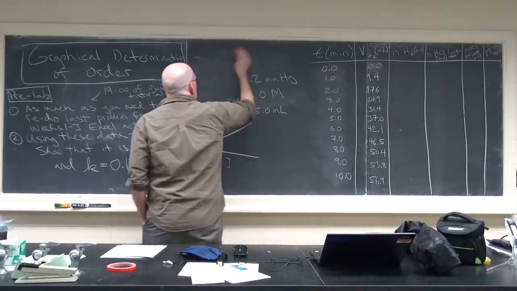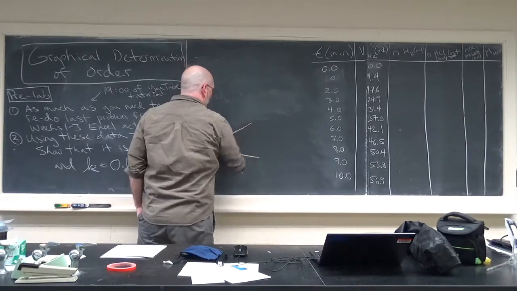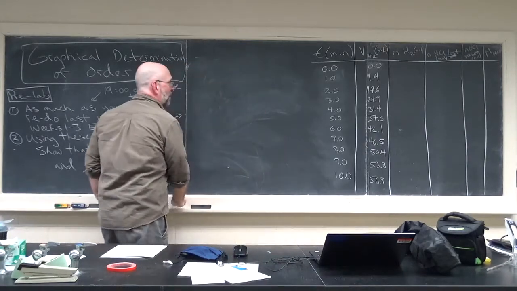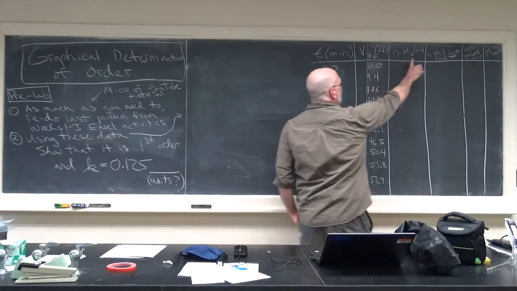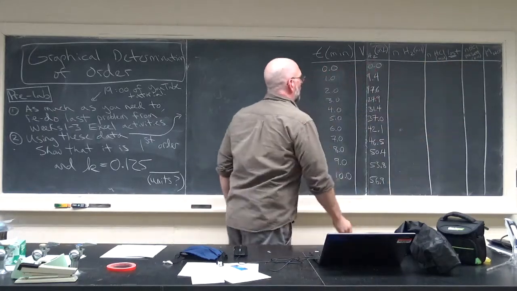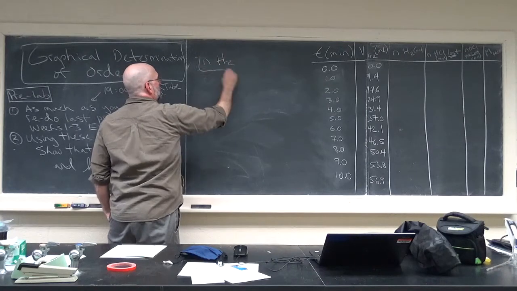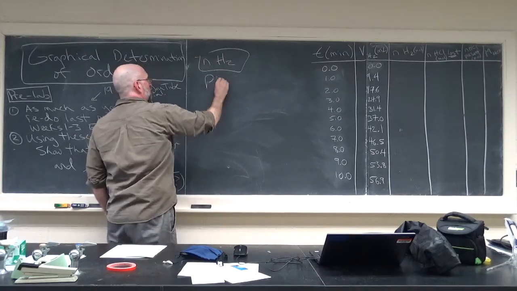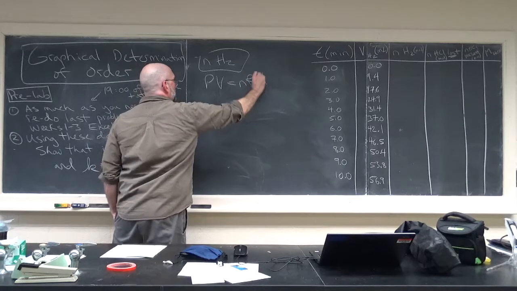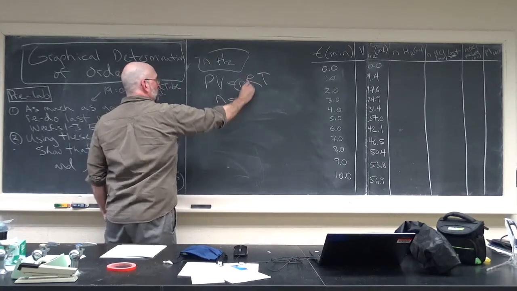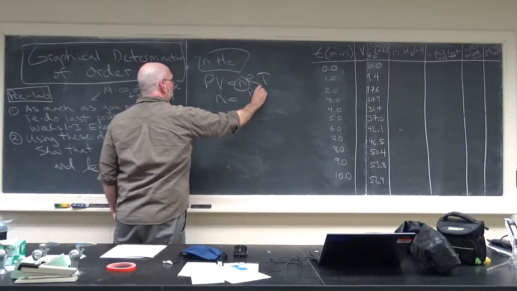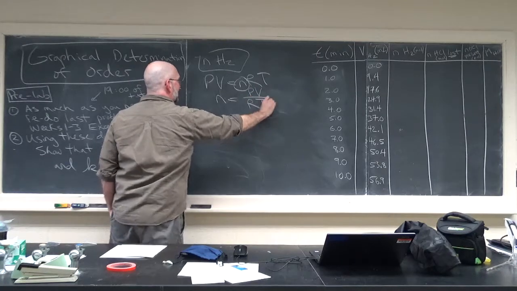On the spreadsheets from week 1 through 3, you have a model for how to do all these calculations. I'm just going to give you a brief overview. To calculate the moles of hydrogen, we use PV equals nRT, and we're trying to solve for moles, so it's going to be n equals PV over RT.